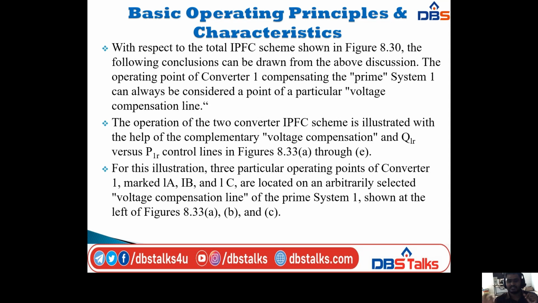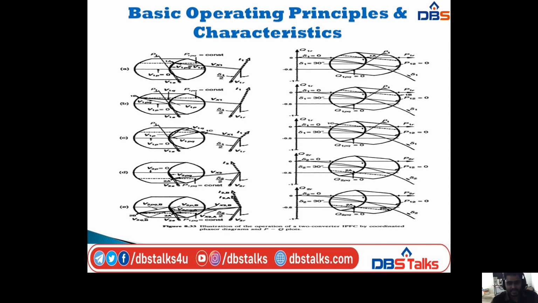For this illustration, 3 particular operating points of converter 1, marked 1A, 1B and 1C, are located on an arbitrarily selected voltage compensation line of the prime system 1, shown at the left of the figures, in the ABC diagrams. These are the phasor diagrams for the IPFC.